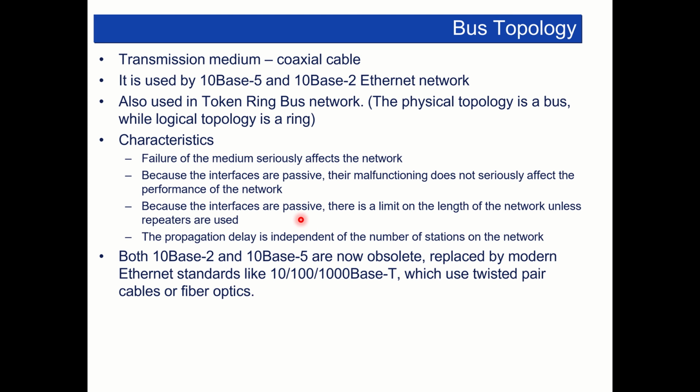Also, because the interfaces are passive, there is a limit on the length of the network unless repeaters are used. Basically, 10Base2 and 10Base5 Ethernet networks are now obsolete and have been replaced by modern Ethernet standards like 10, 100, 1000BaseT, which use twisted pair or fiber optics, which is 10 megabit, 100 megabit, and also 1 gigabit cable.